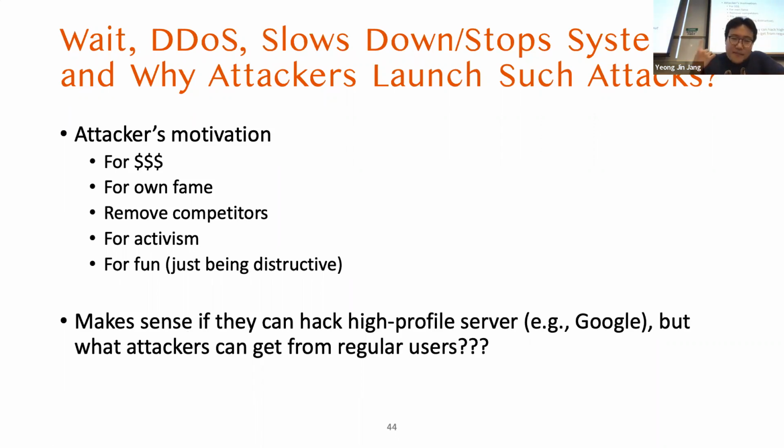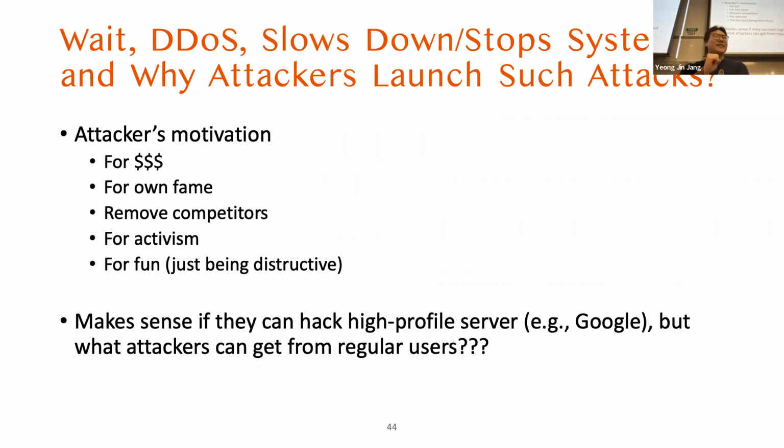All right. The thing that I want to describe is, let's put it a different way. Suppose an attacker hacked a regular user machine, but assume that we are living in the year 2000. At that time, we didn't have smartphones, and we didn't have many websites accepting credit cards.